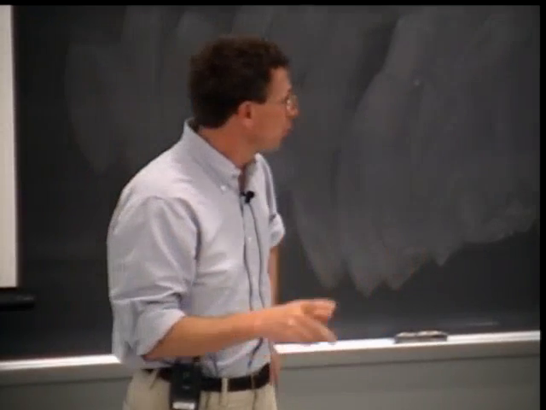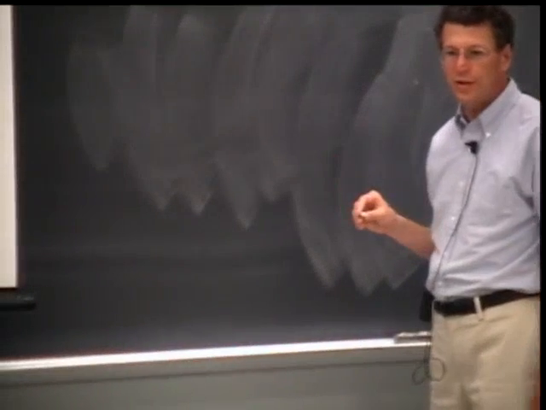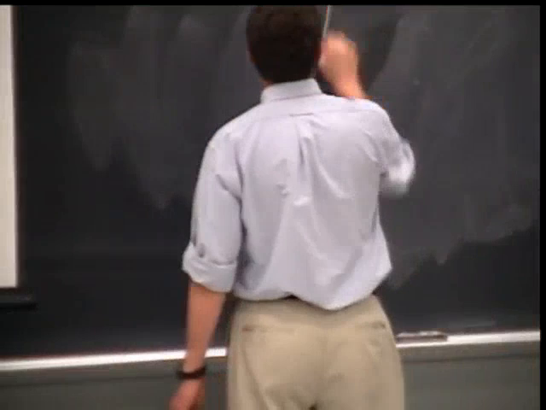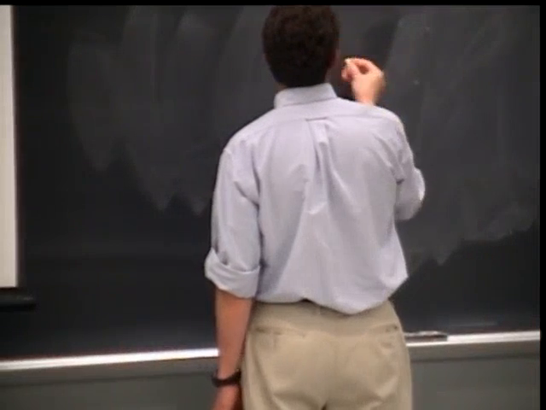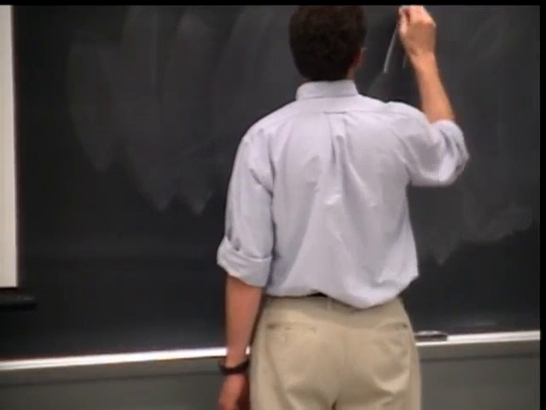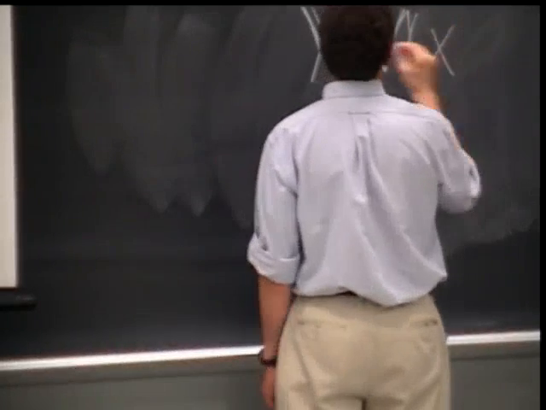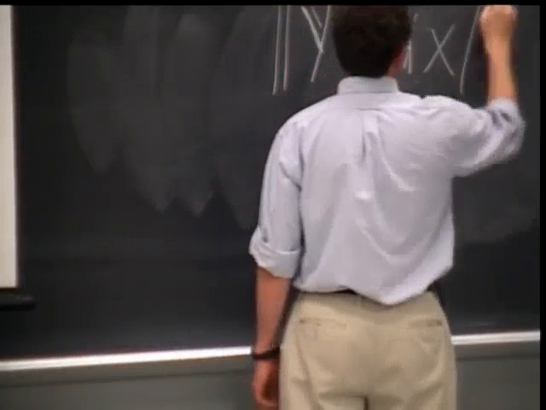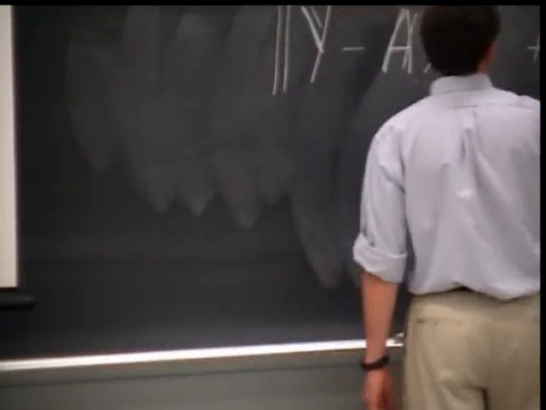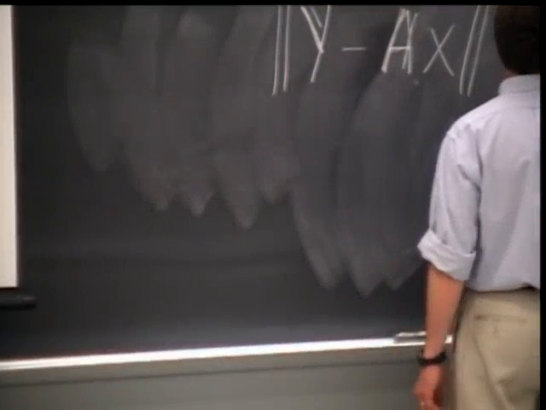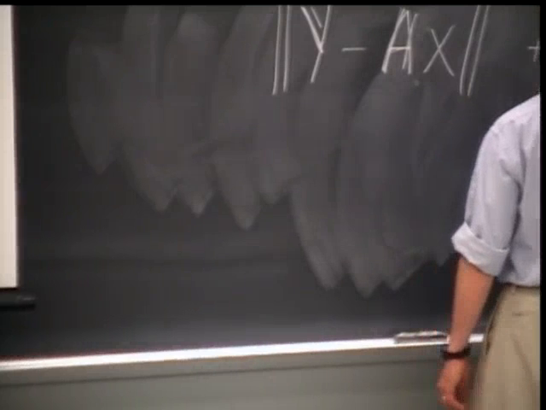Now, I think the notation is a little bit different in the lab. Is it H instead of A? Yeah. Okay. So you have the norm of y minus, I'll use A, AX, squared, plus X transpose BX, right?